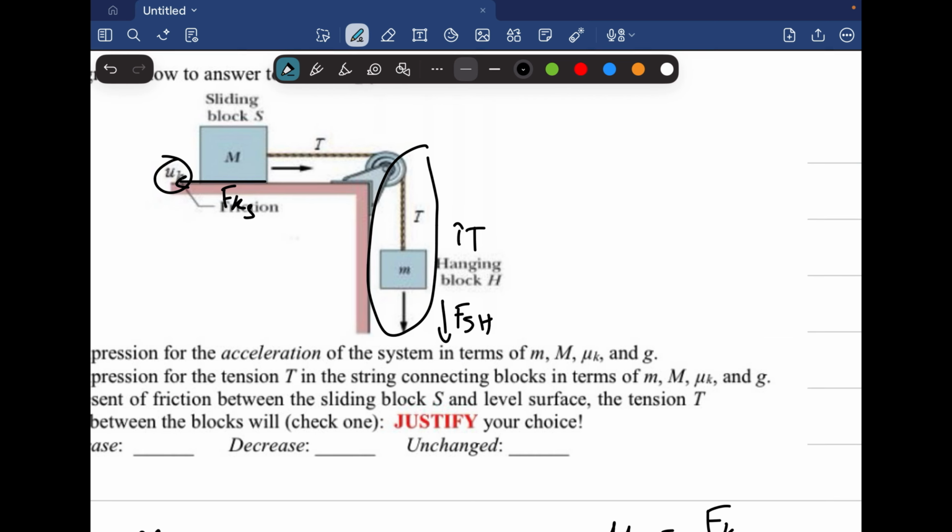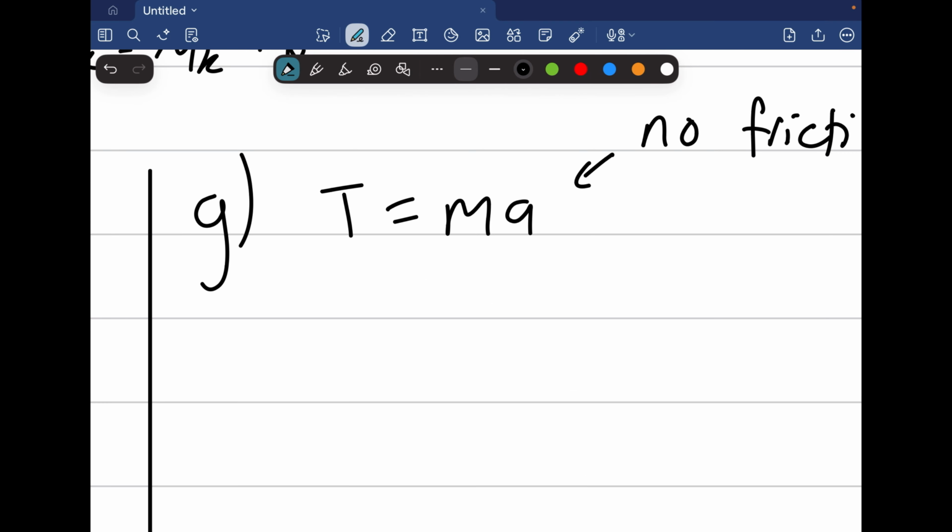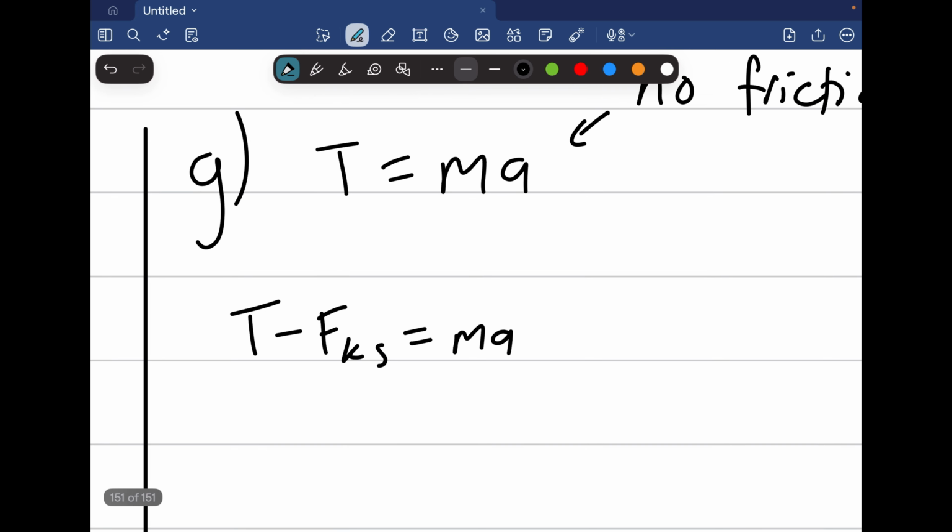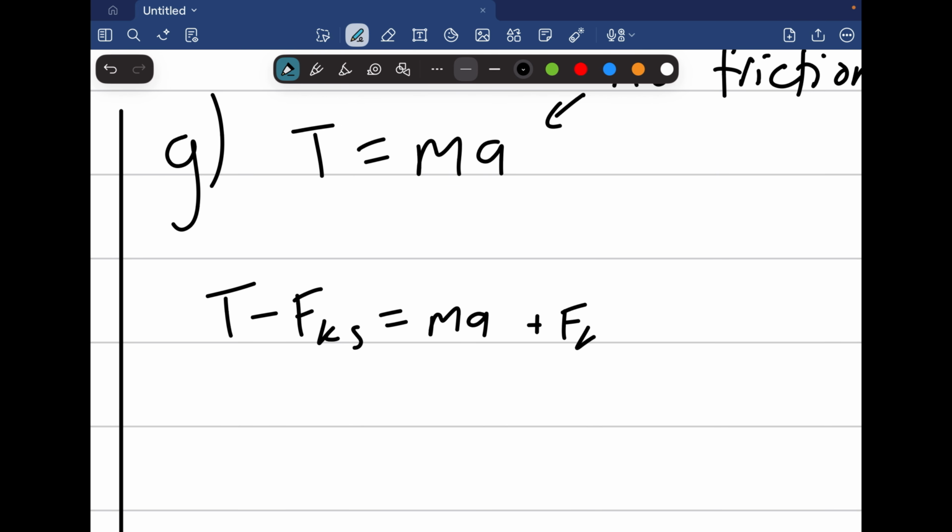But when there's friction, you know, T minus the opposing force, which is friction, FKS, is equal to MA. Then I'll add FKS on both sides. So this is gone. So T equals MA plus FKS, right?